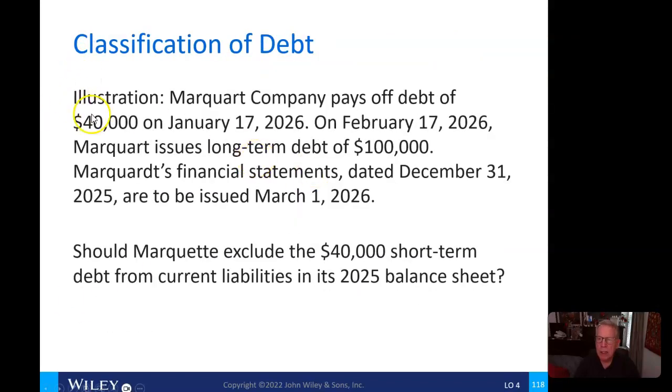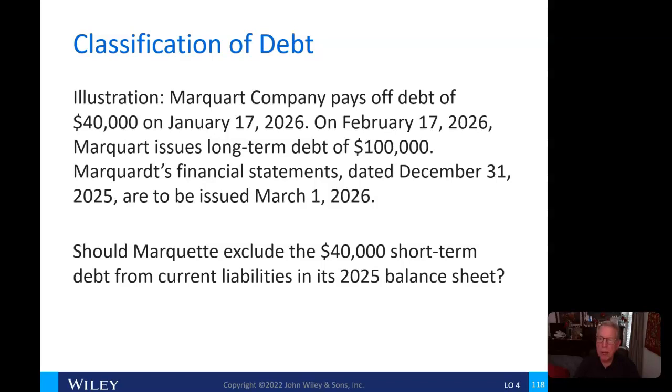Let's take a look at an illustration of that. Marquardt Company pays off debt of $40,000 on January 17th, 2026. On February 17, 2026, Marquardt issues long-term debt of $100,000.